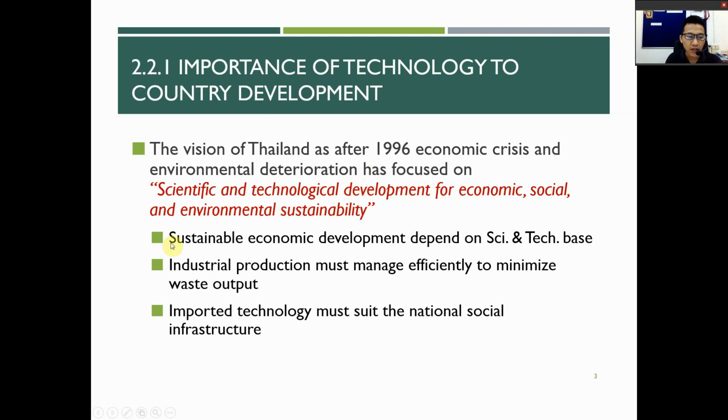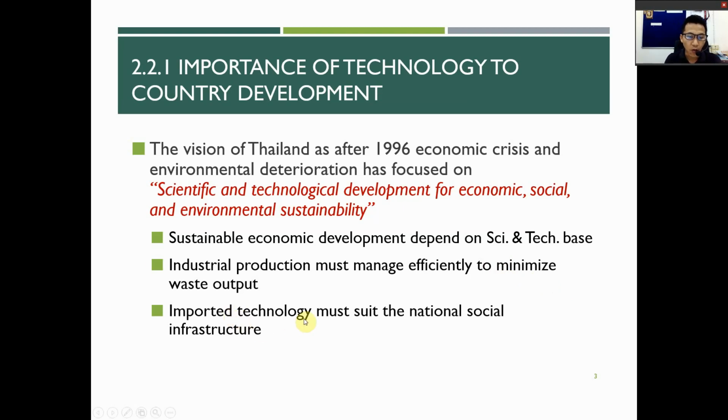So it is composed of sustainable economic development, which of course has to depend on a science and technology base, and industrial production must be managed wisely to minimize waste output. Some of the technology that we already use in several companies aims at managing everything down to zero waste, and I have one really nice example that we will see in the next couple of slides.